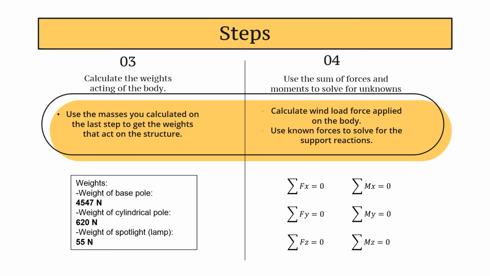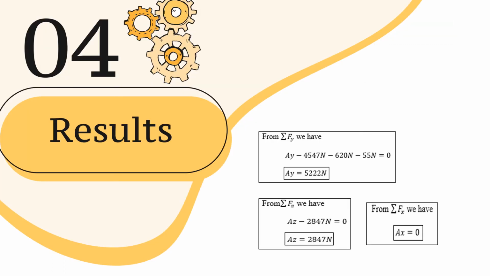Once we have the wind load force, we will use the sum of forces and moments to solve for the unknowns, thus leading to the result of the project. So finally here we can see the results. From the sum of forces on the y-axis, we can see that the force applied on the y-axis is equal to 5,222 newtons.